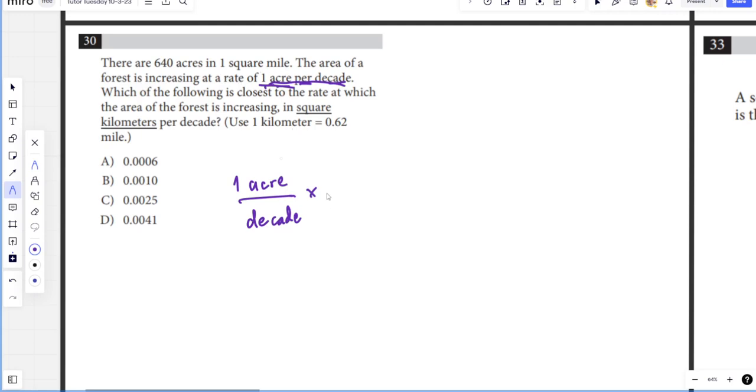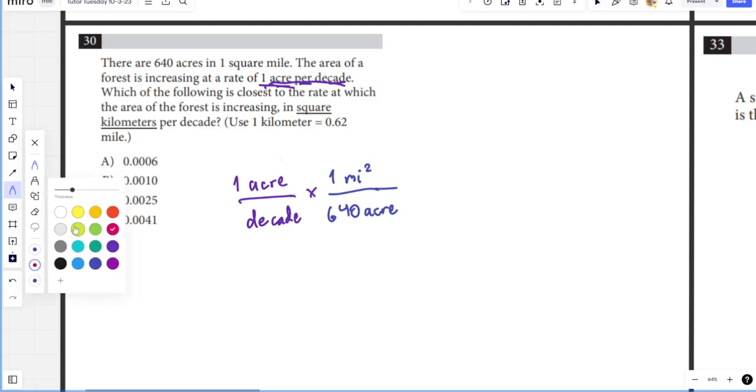We'll convert acres to square miles, and then convert square miles into square kilometers, since those are the conversion rates that we've been given. 1 acre per decade times 640 acres per square mile. Actually, we want to multiply by 1 square mile per every 640 acres, because then it'll cancel out the units of acres. That will be really beneficial for us. Cancel out acres.